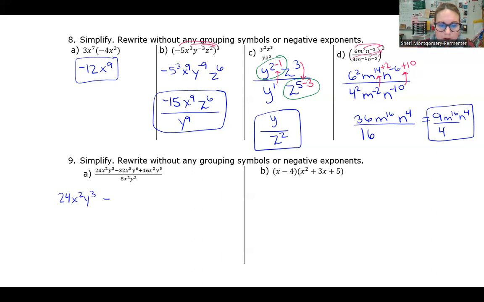All I'm doing is rewriting the numerator. So I rewrote the numerator with the 3 different terms, and then now I'm going to divide everything. So I split it into 3 different fractions.